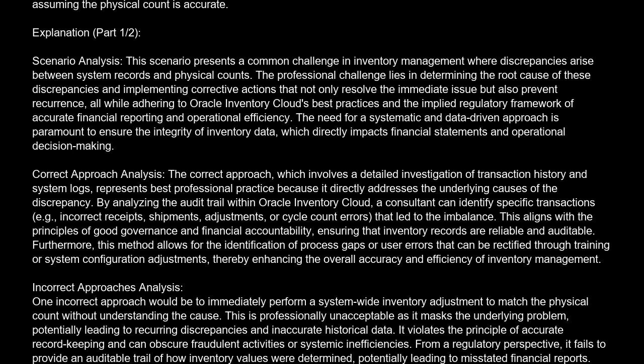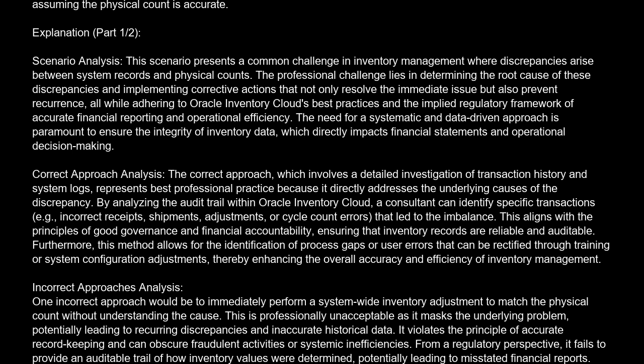This aligns with the principles of good governance and financial accountability, ensuring that inventory records are reliable and auditable. Furthermore, this method allows for the identification of process gaps or user errors that can be rectified through training or system configuration adjustments, thereby enhancing the overall accuracy and efficiency of inventory management.